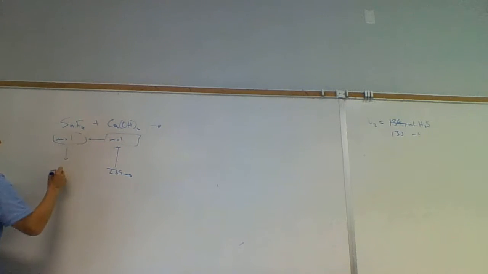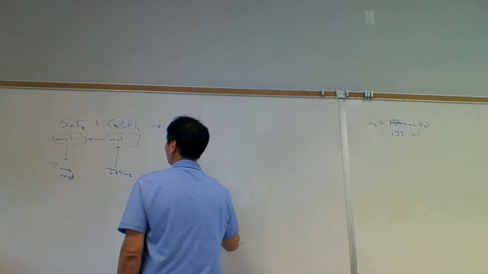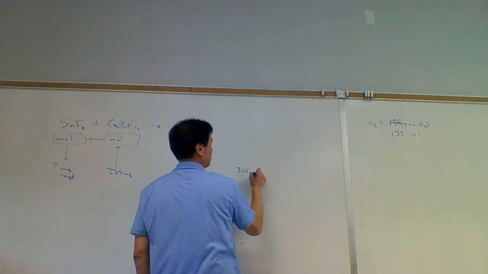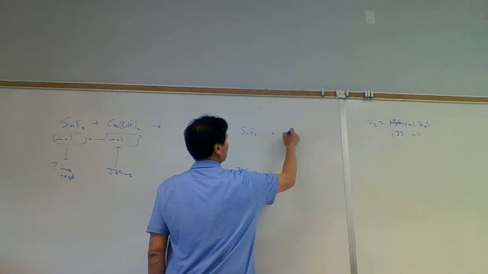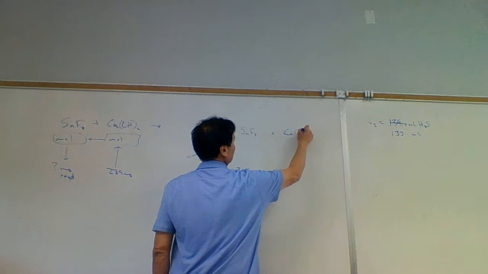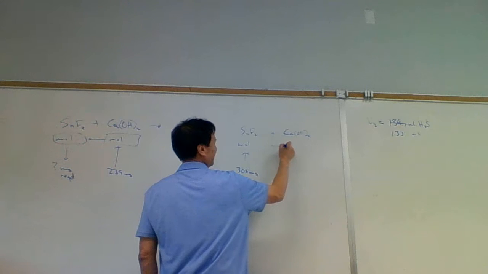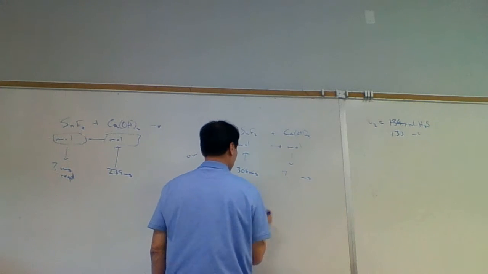And then we can figure out how many milligrams are required here. Or we could have started off with 305 milligrams here. Calcium hydroxide. We go to moles here, and then figure out how many milligrams here.